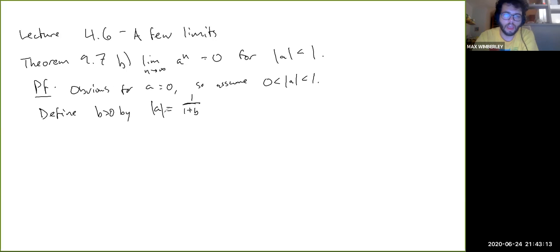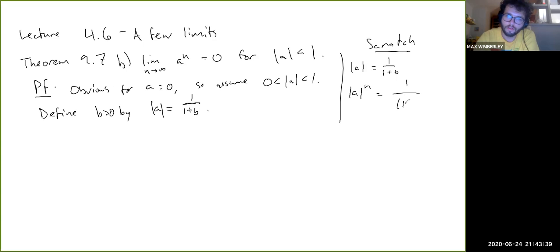So a has to be, because a is less than 1, right? It has to be of this form for some b greater than 0. And here's sort of the scratch work that went into this. So when you write a like this, then when you raise it to the nth power, you can actually use the binomial expansion formula to expand the denominator.